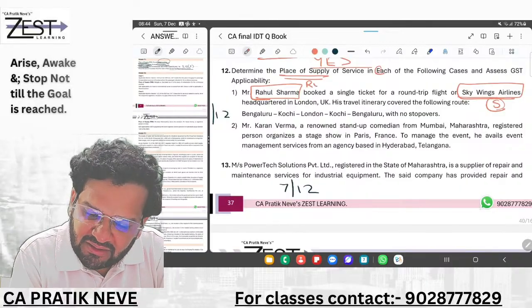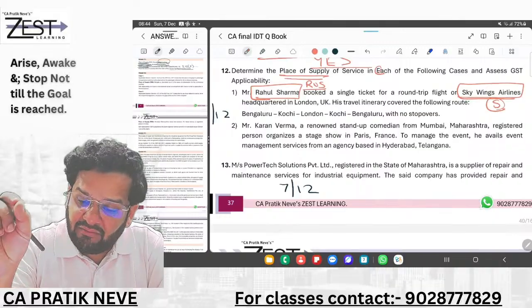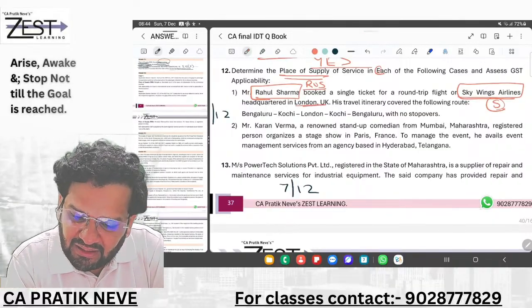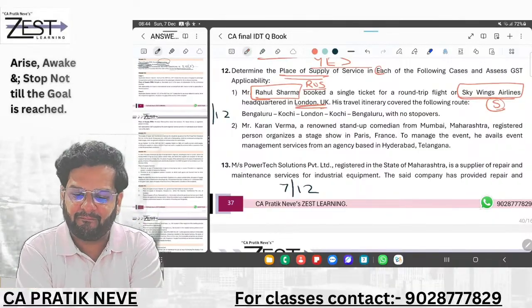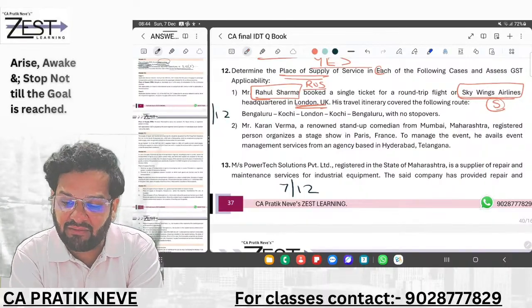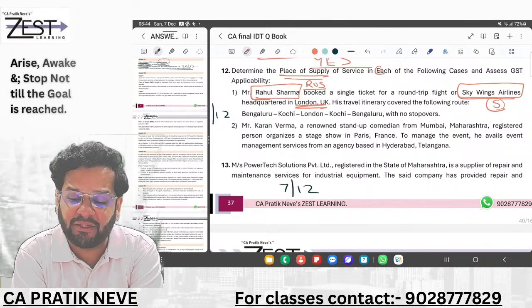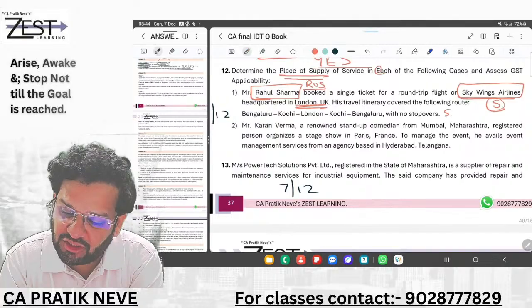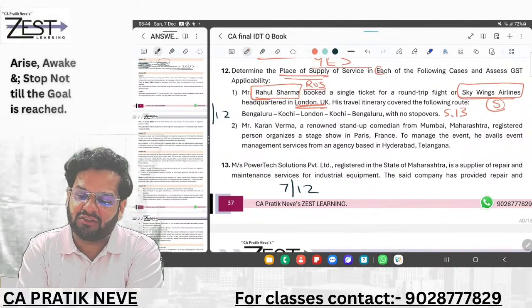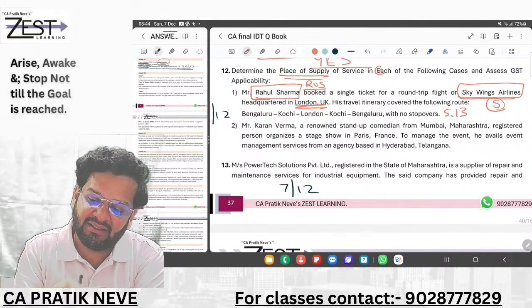Rahul Sharma is recipient of supply. Skywings Airlines is in London. Getting it? So basically, if Skywings Airlines is in London, how to identify place of supply? You'll have to go to section 13 because LOS is outside India, ROS is in India.